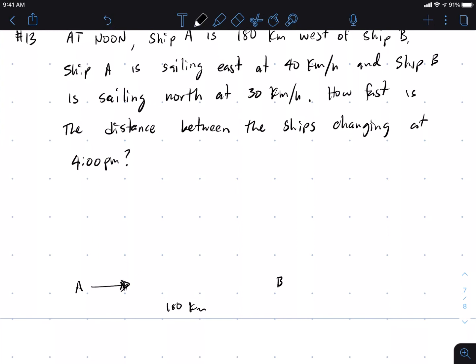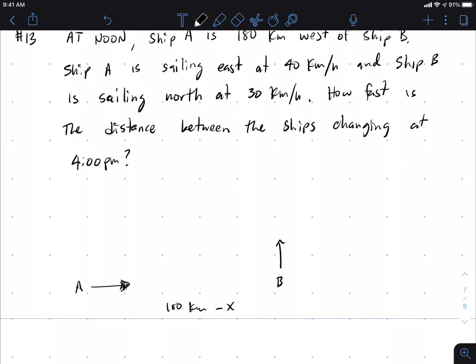If ship B didn't move, it'd be decreasing. By how much? By whatever the distance that was covered would be. So wouldn't that be 180 minus x here? Right. Ship B, though, is going this way.